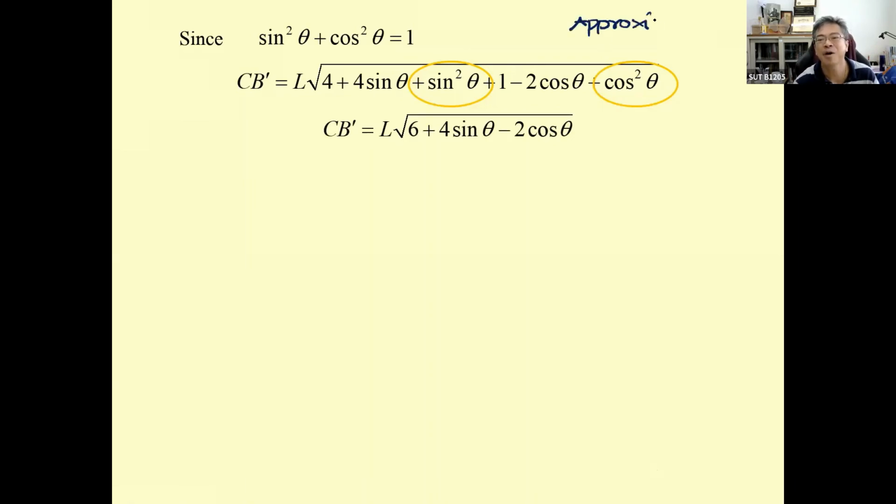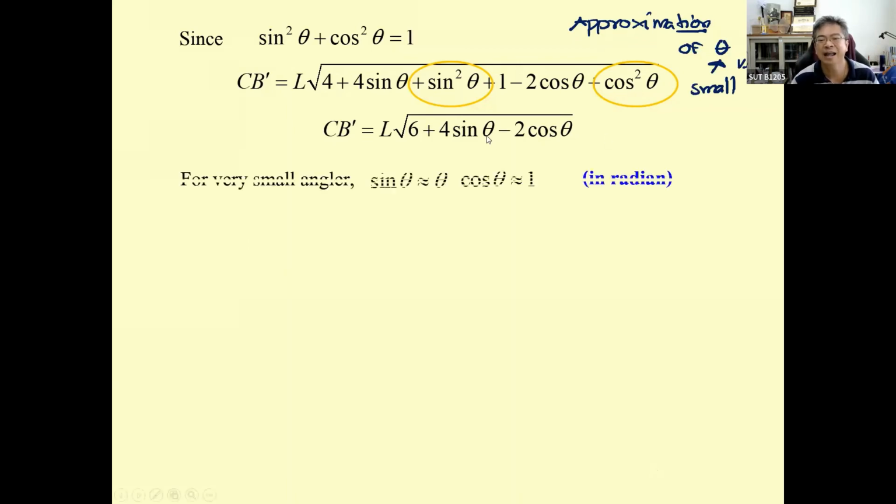So you got to do the approximation. Approximation of what? Approximation of the angle theta, because this is supposed to be very small. So the sine theta is going to be theta. The cosine theta is going to be 1.